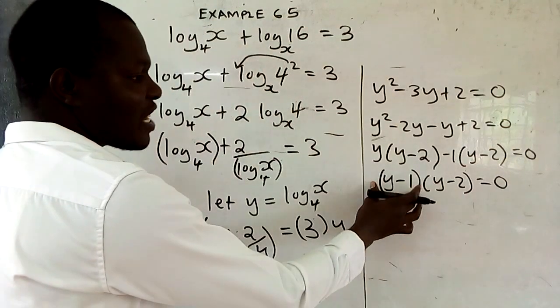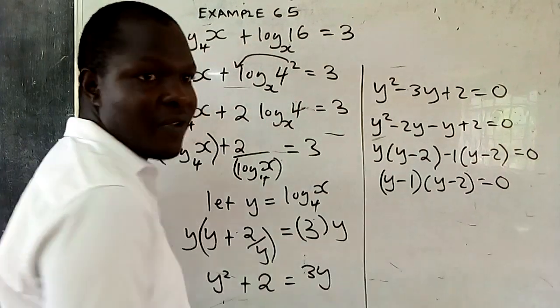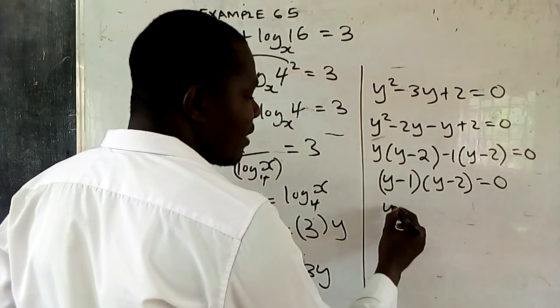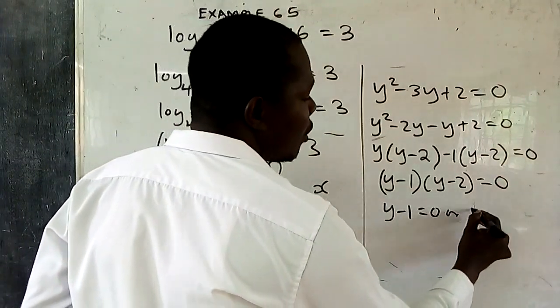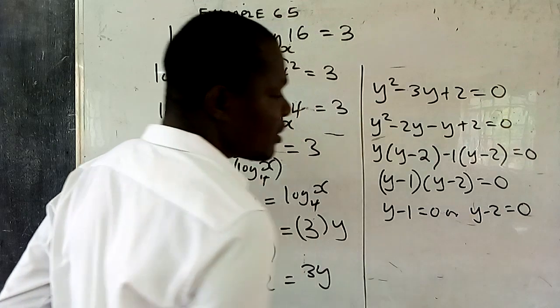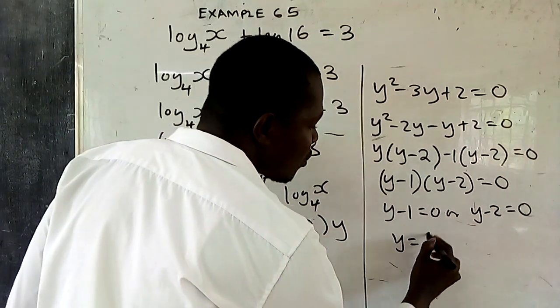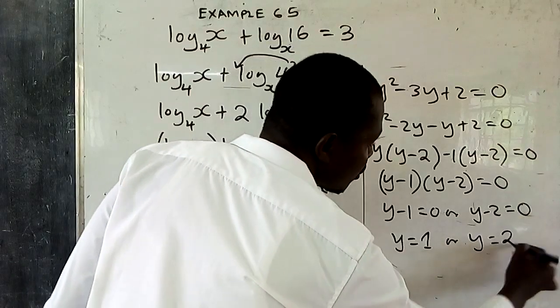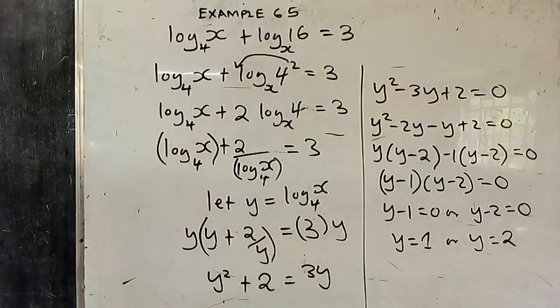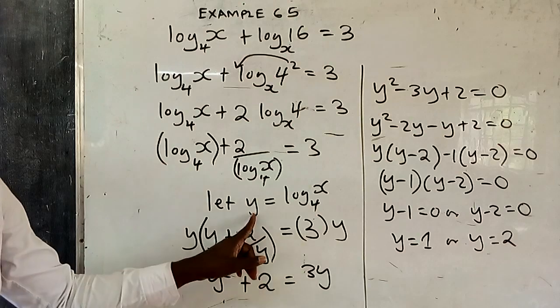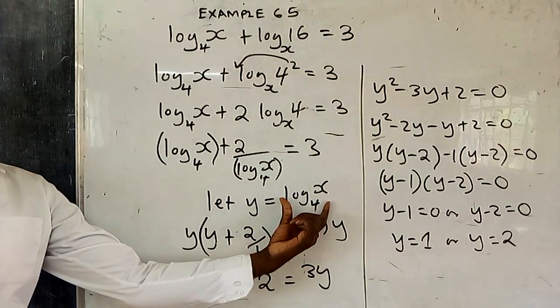So it is either the first factor which is 0 or the second factor which is 0, so either y minus 1 is 0 or y minus 2 is 0. So what is the value of y? Y is equal to 1 or y is equal to 2. Is that okay? But what was y? See, you take back the value of y.